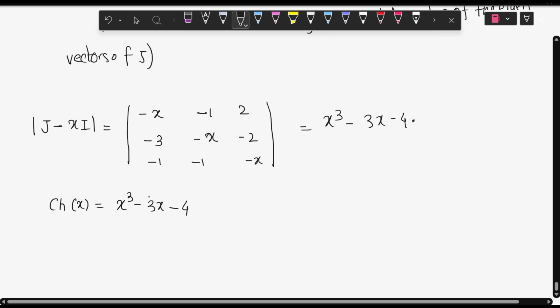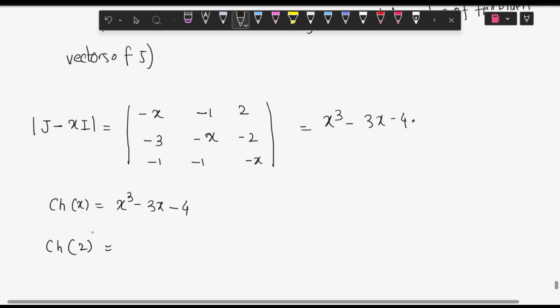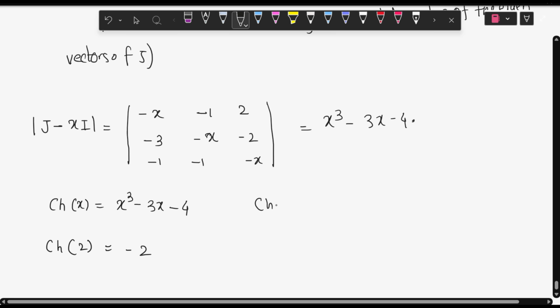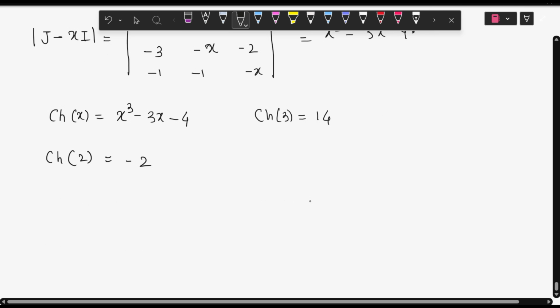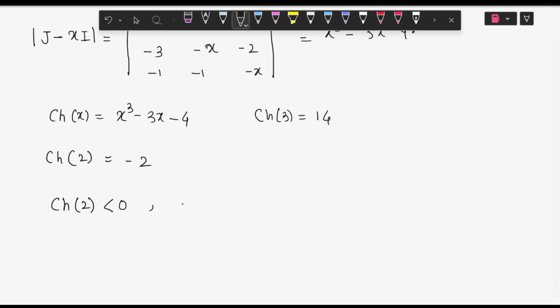Now calculating the roots of this polynomial is not an easy task. So what I am doing is calculating the value of the characteristic polynomial at 2, which is 2 cube minus 3 into 2 minus 4, which is negative 2, and at 3, which is 3 cube minus 3 into 3 minus 4, that is 14. So the characteristic polynomial at 2 is less than 0, while at 3 it is greater than 0.